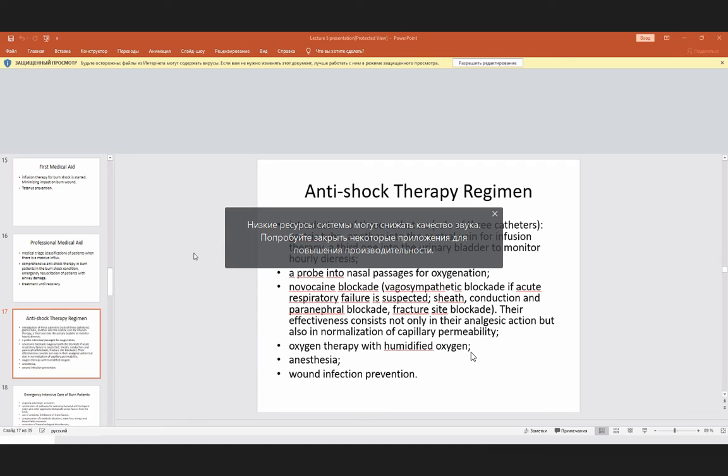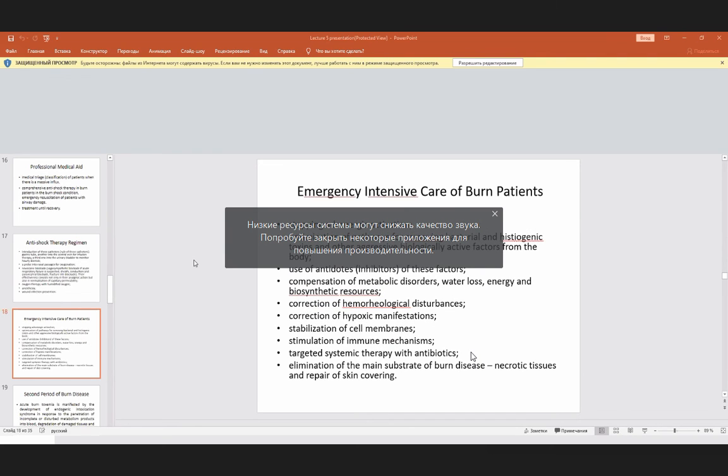The main tasks of the treatment for acute burn toxemia are as follows: detoxication, anemia prevention, hypoxia prevention and correction, local treatment of a burn wound, treatment.